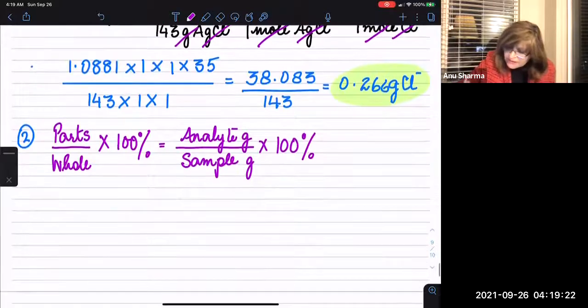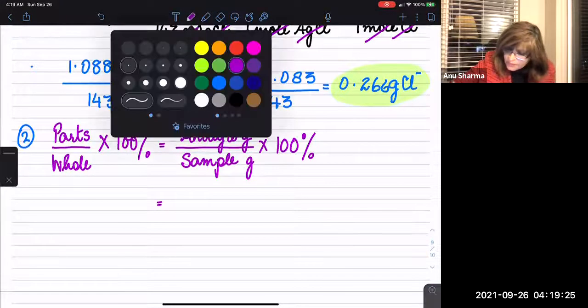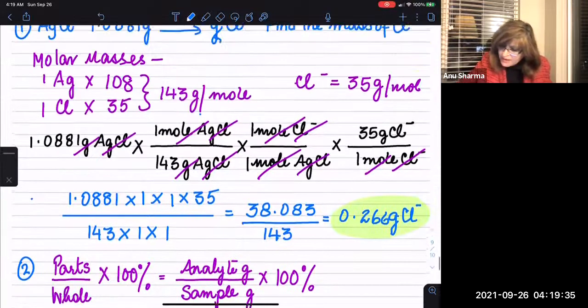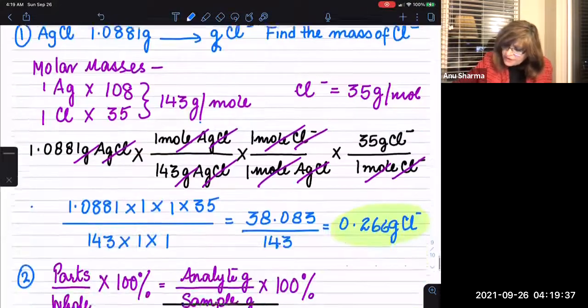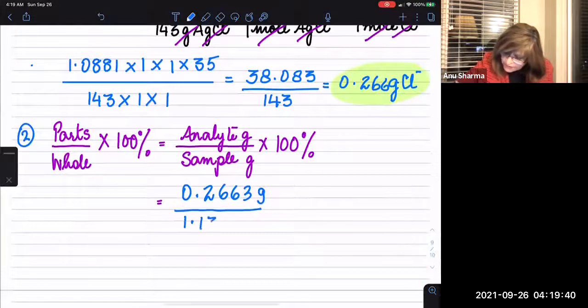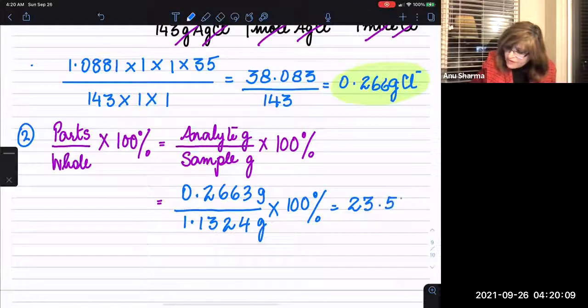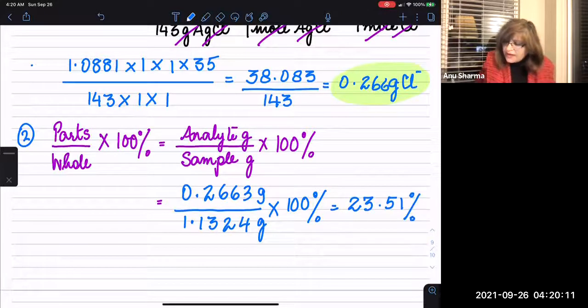So let's do this. We have 0.266 grams divided by 1.1324 grams times 100%. So let's see, what do you get here? Okay, so after this calculation, you get 23.51%. Okay, and the book is saying 23.76, so it's close.